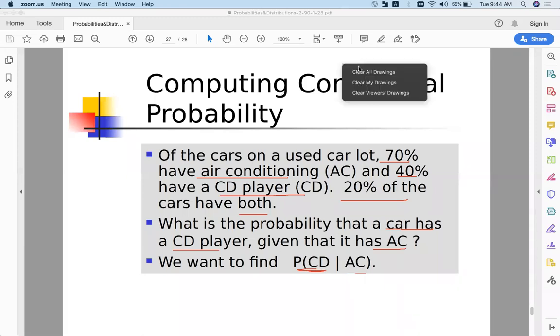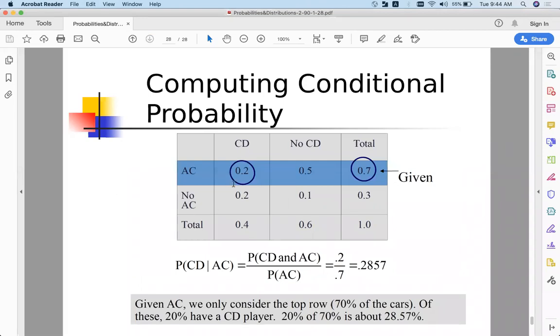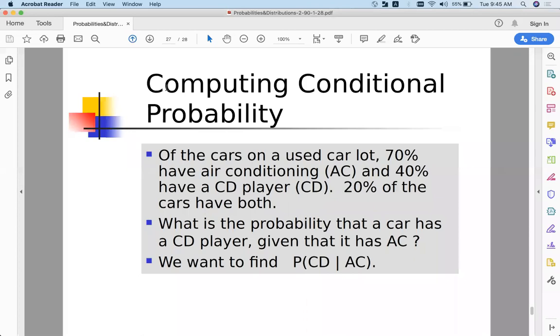Once you break it down, let's see how to solve this particular problem. If you go back to the formula, it is very simple.